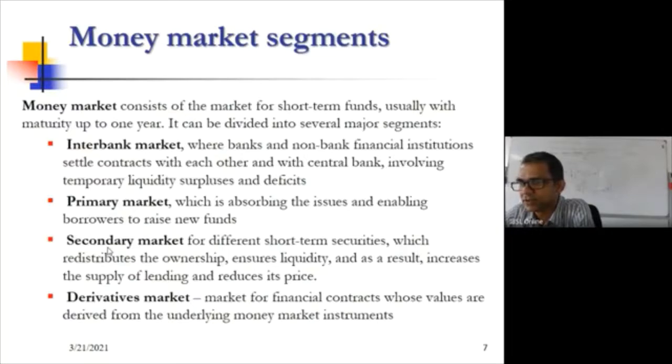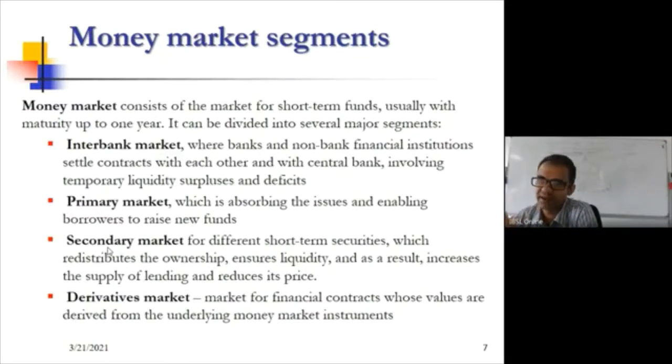So if you have to talk about money market segments, we can segregate into different segments using different characteristics. However, there may be overlaps. Since we use different characteristics, there can be overlaps. But considering these characteristics, we can break into different segments.